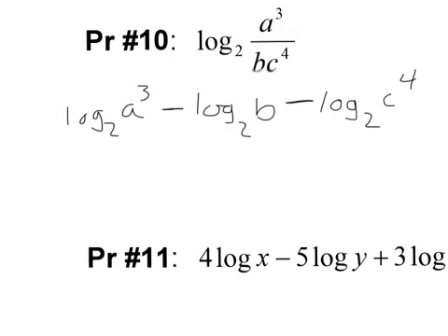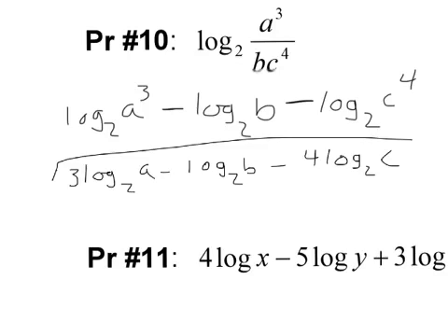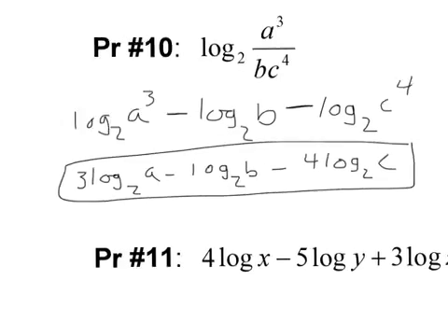So positives are on top, negatives are on bottom because that's the same thing as dividing. So I could write these moving the exponents up in front, and I'd get 3 log 2 a minus, this one doesn't have any exponents, so just log 2 b minus 4 log 2 c. And now that thing is expanded.